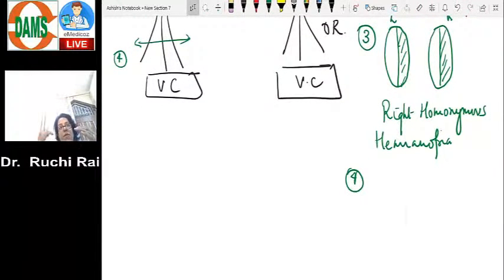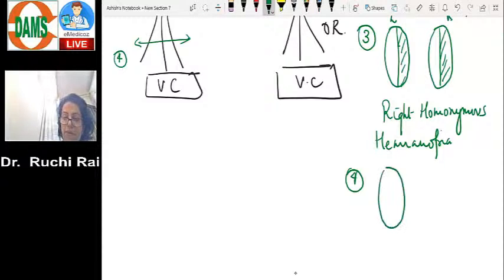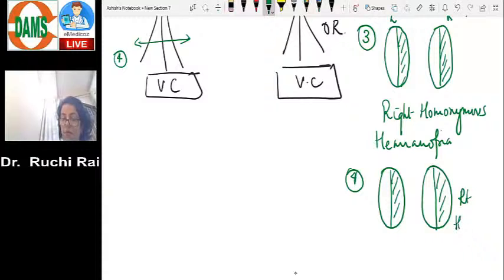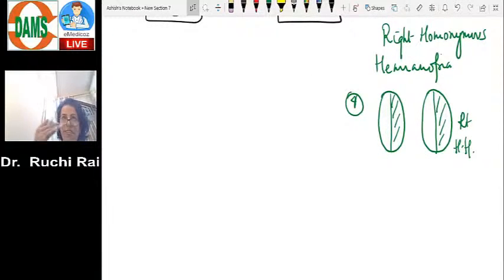So whether I'm talking about tract, radiation, or visual cortex, what is the type of lesion? It is one eye temporal, one eye nasal, and hence this is your right-sided homonymous hemianopia. I want all of you to learn along with me. We will talk a little more. Let's just first start with the basics.